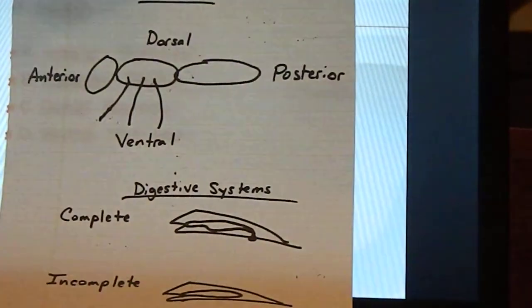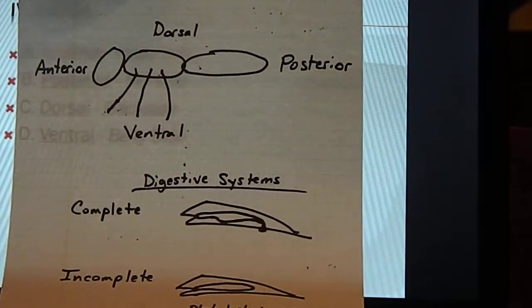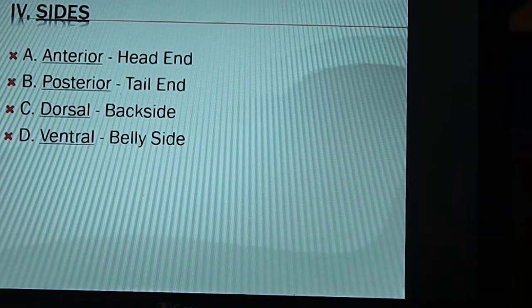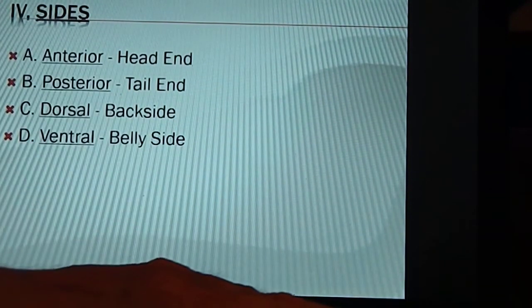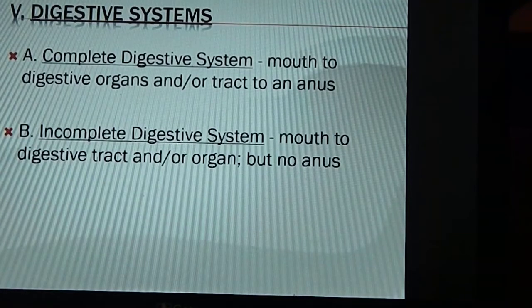And ventral, get in my belly, is the belly side, ventral, okay? And so those are sides. When using terminology of animals, those are sides that normally are talked about or used to describe certain characteristics.